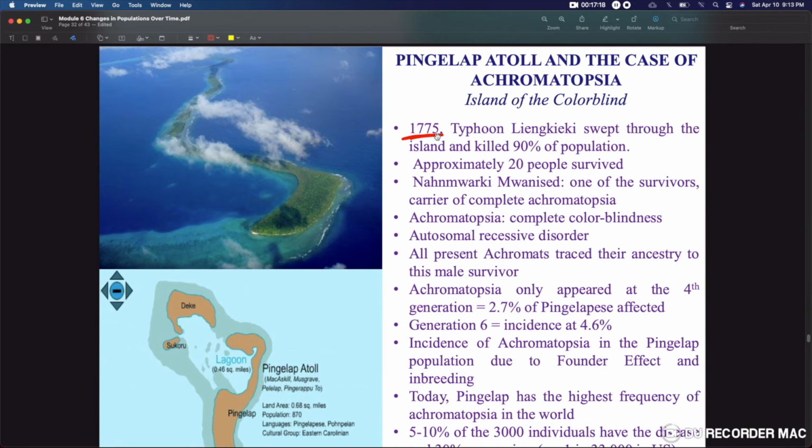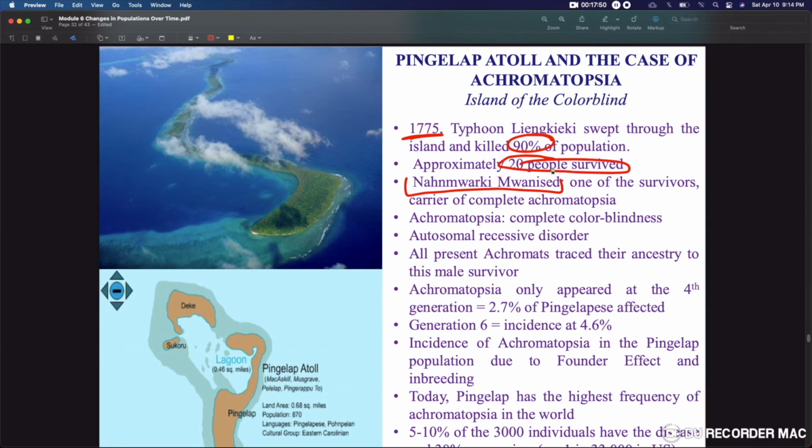It's like a bottleneck event that killed the majority of its population, at least 90% of its inhabitants, and only, look at this, only 20 people survived. And one of those survivors was this man right here, and he is a carrier of complete achromatopsia, meaning complete color blindness. It's complete black and white. So imagine it like that.